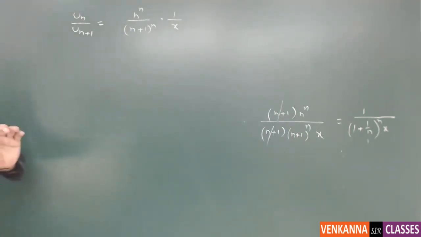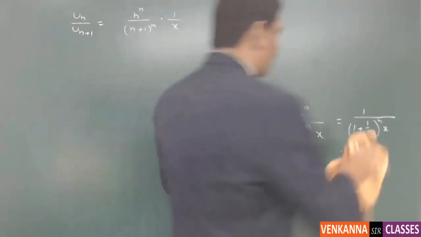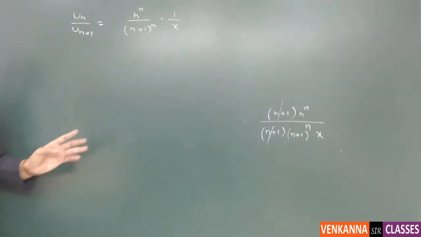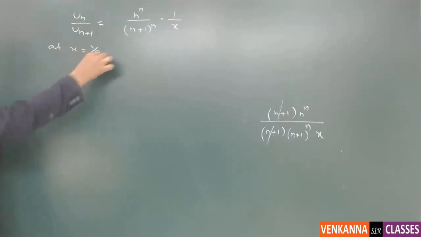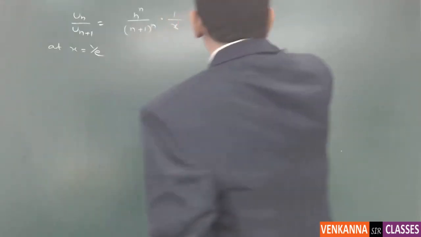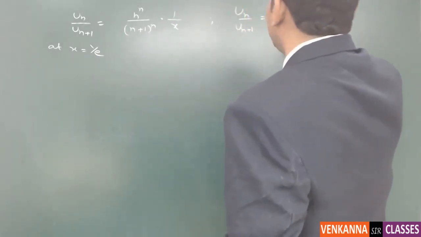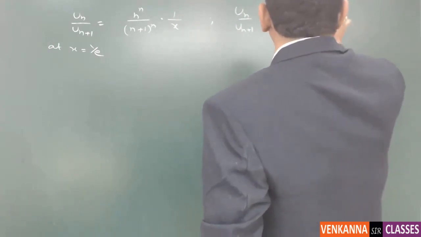So I am taking the term before applying the limit. So I am excluding this, or you can take this also. And we are checking the condition at x equal to 1 by e. Then un by un plus 1 becomes e into n power n by (n plus 1) whole power n.